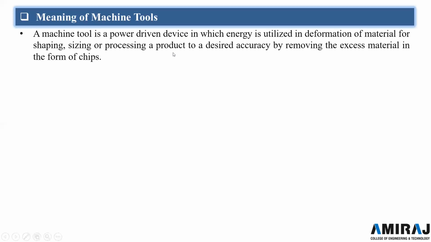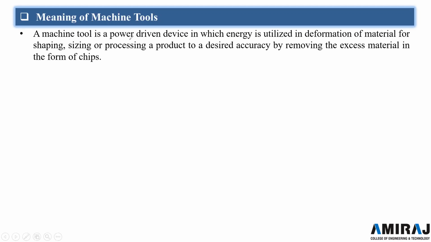So the first thing is the meaning of machine tool. A machine tool is a power driven device whose energy is utilized in deformation of material for shaping, sizing, or processing a product to a desired accuracy by removing the excess material in the form of chips. So what happens in a machining process?